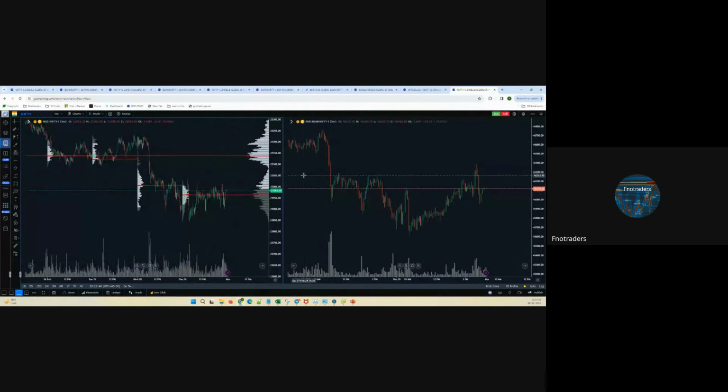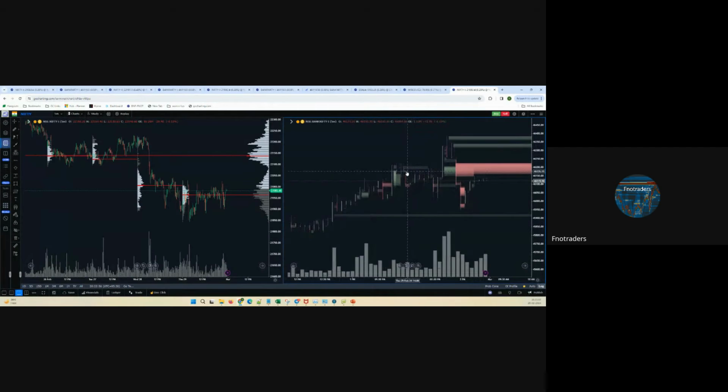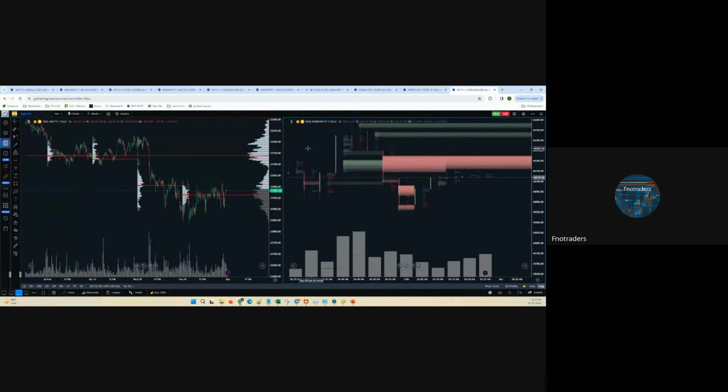So this is the volume profile information, and on the right side, I'll put a cluster chart just for our understanding of what is happening in the market. I'm just using the cluster charts here.